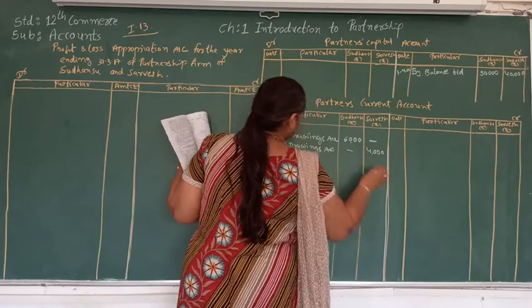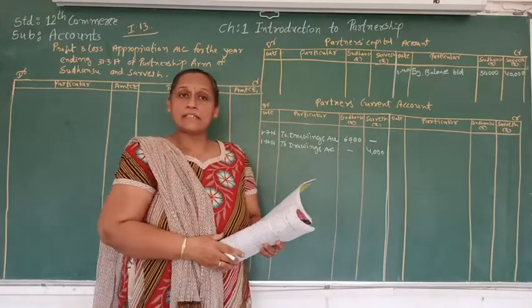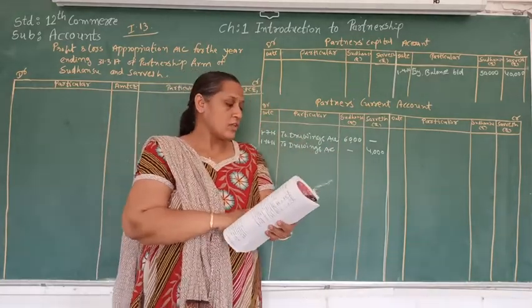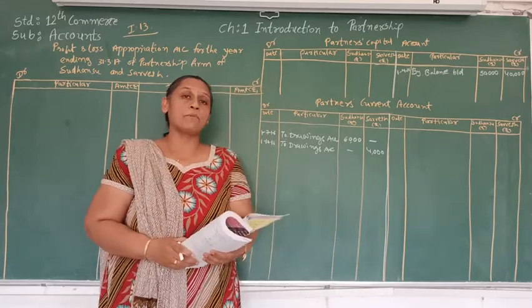So this is the drawing amount of the partner, and that is supposed to be written on the debit side of the current account. Now there is a provision in partnership deed to pay interest on capital at 8%.